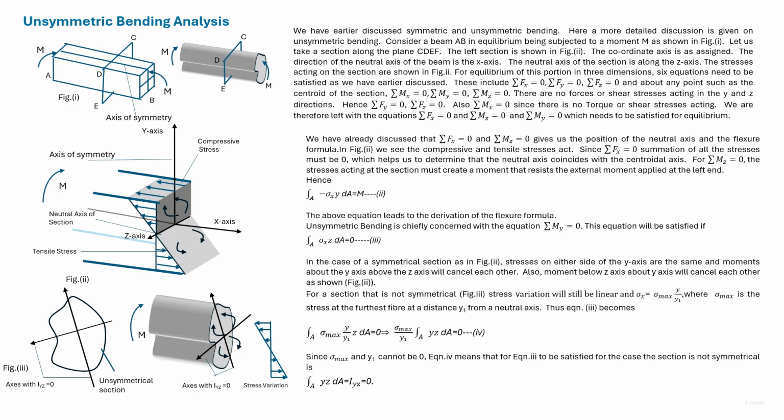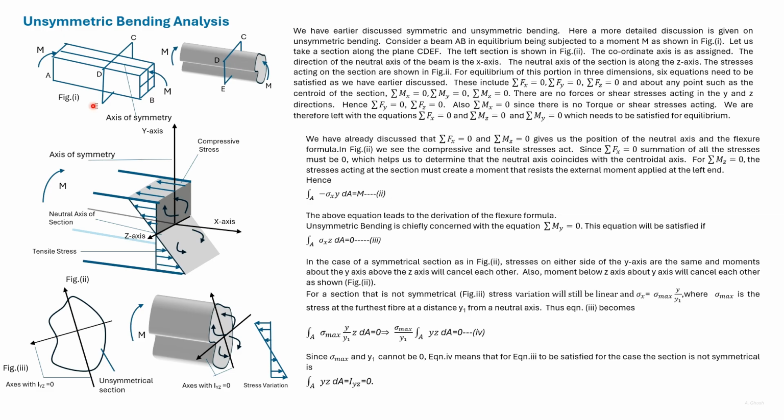Consider this beam which has an axis of symmetry and to which a positive moment has been applied. Let us take a section CDEF. We have determined the neutral axis and the variation of stress in this section.